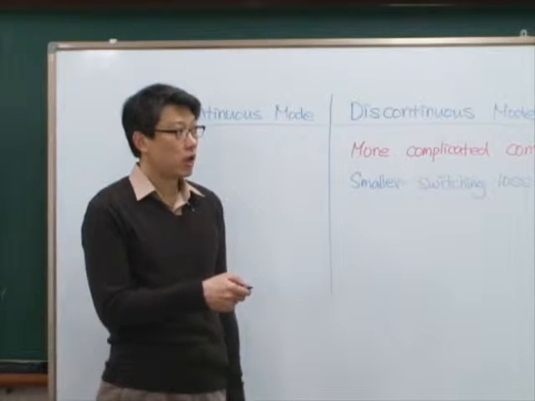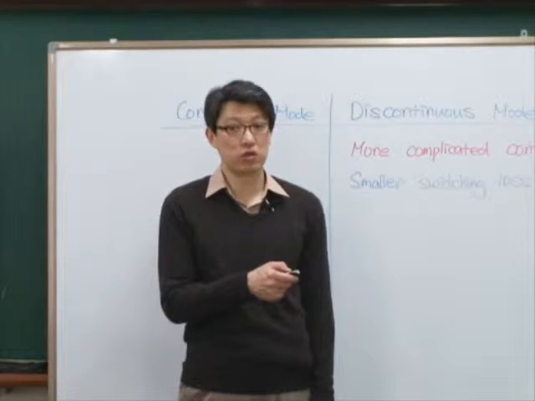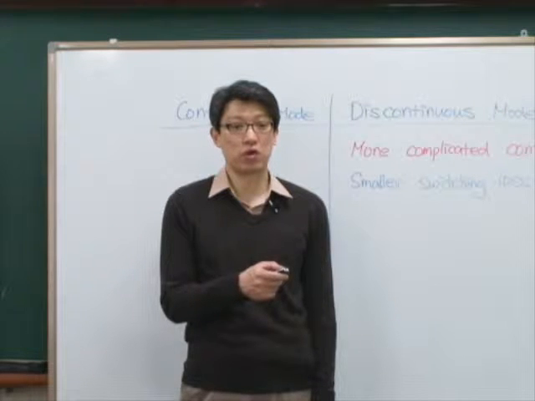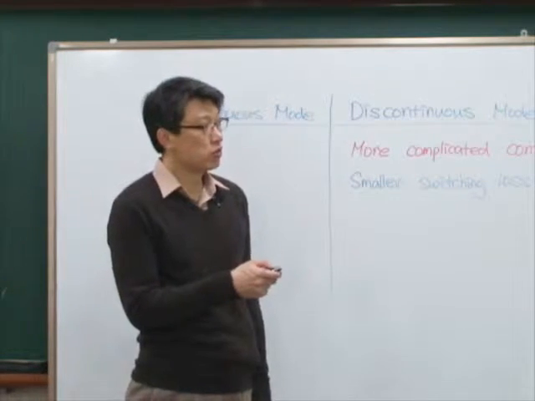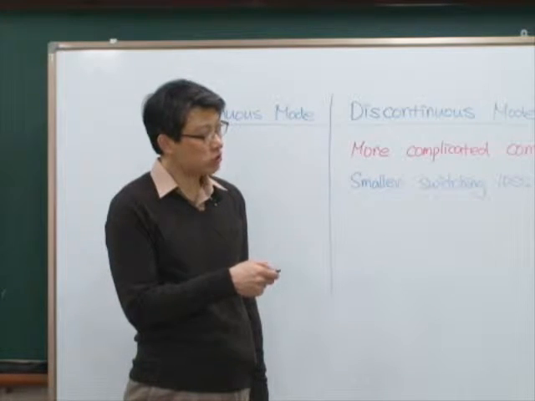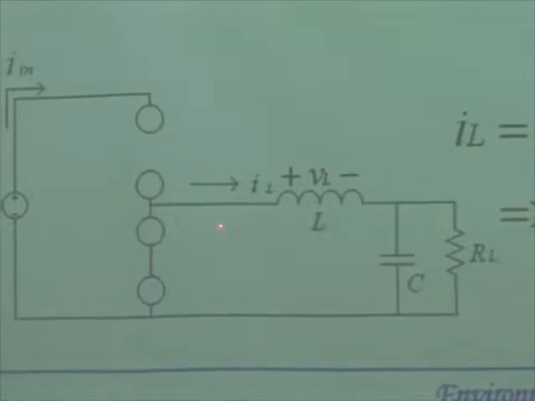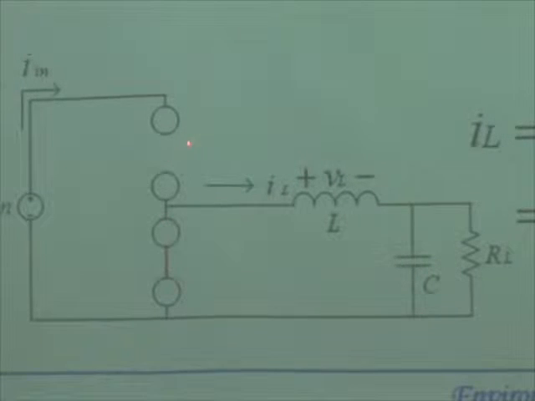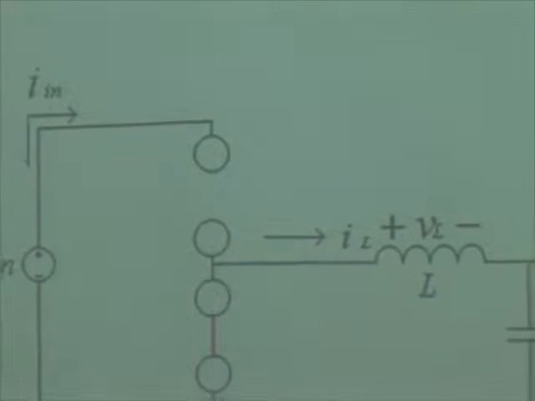So ideally speaking, there is no turn-on switching loss. Okay, loss is the product of switching voltage and current, right? But in continuous conduction mode, when the switch turns on, there is some current. So current is now commutated from diode to this switch. So there is a certain value of the current.